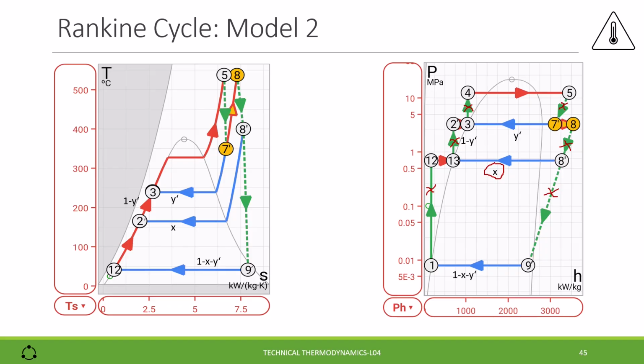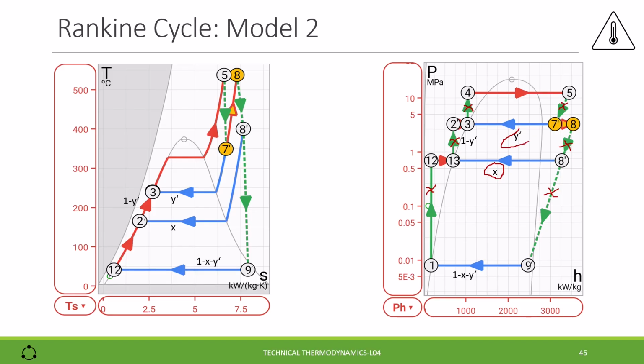The liquid compressions 1,12, 13,2 prime and 3,4 are only visible in the pH chart and they appear vertical, but actually they are not because there is a slight enthalpy increase. How to determine X and Y prime and also the new states 7 prime, 8 prime, 9 prime we'll see in the coming slide.